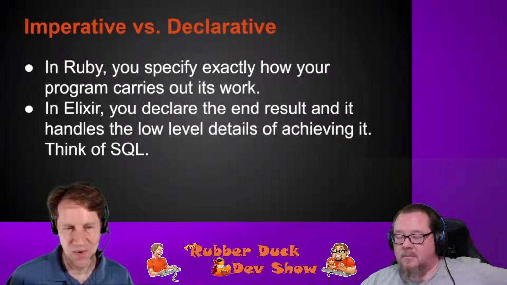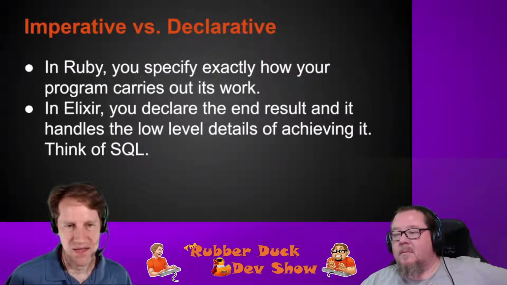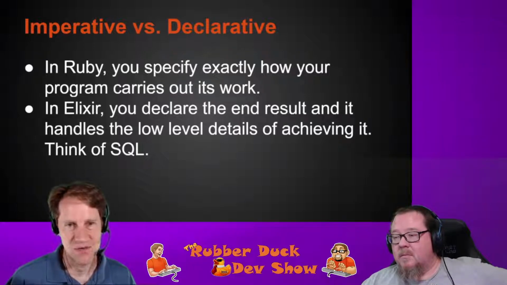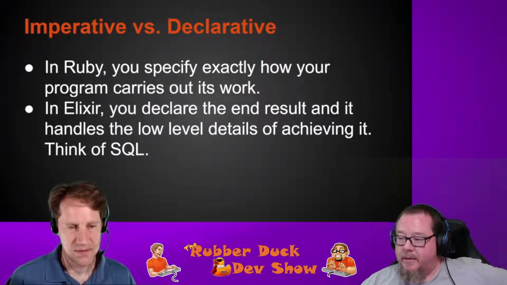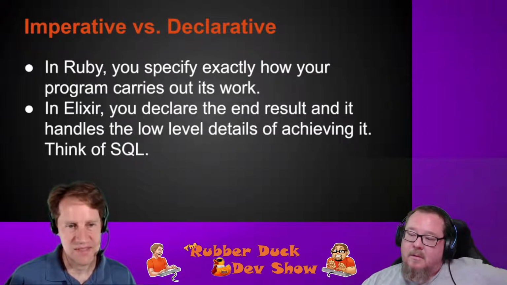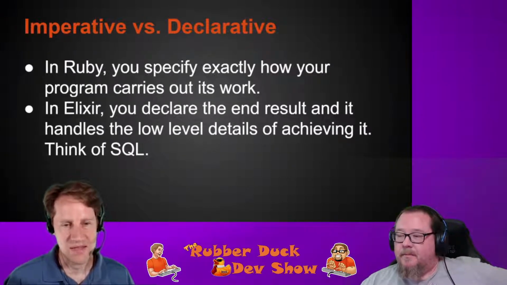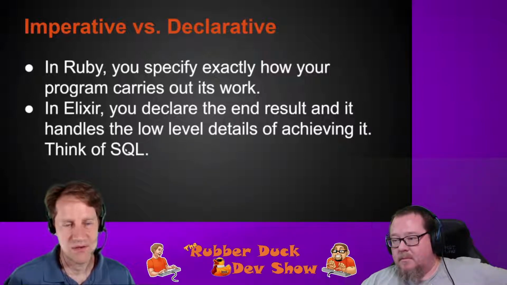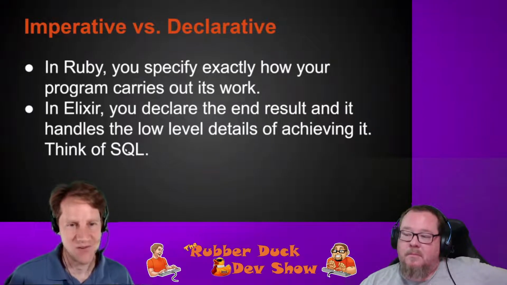It's not exactly that way, but it's not as explicit or as imperative as Ruby. So it's a little more black boxy than Ruby is. You could say that. But like in SQL, you don't use a loop to bring back a set of records, for example. Right.